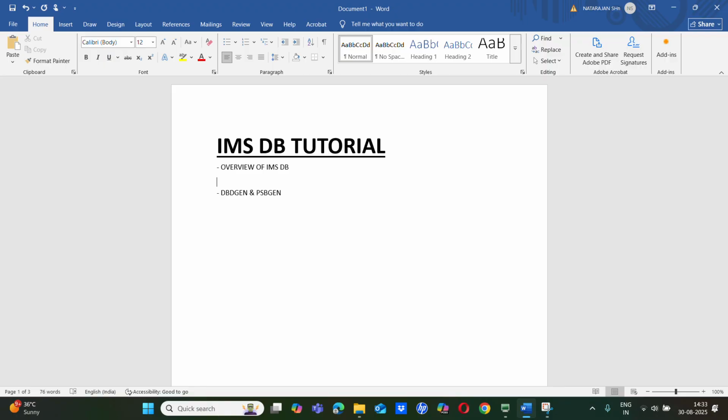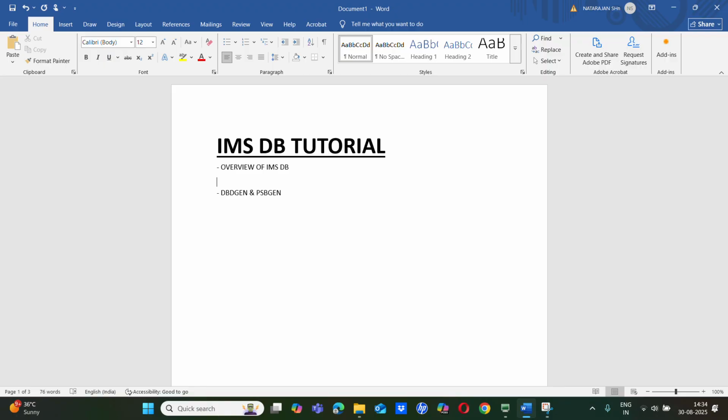As for the overview, I think IBM started with this database: they first created IMS DB, and only then went to DB2. As the name states, DB2 is the second version of the database, and the first version is IMS.